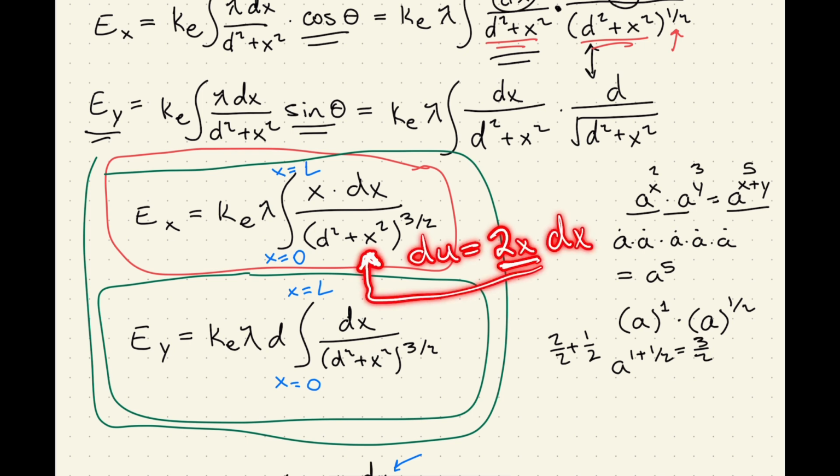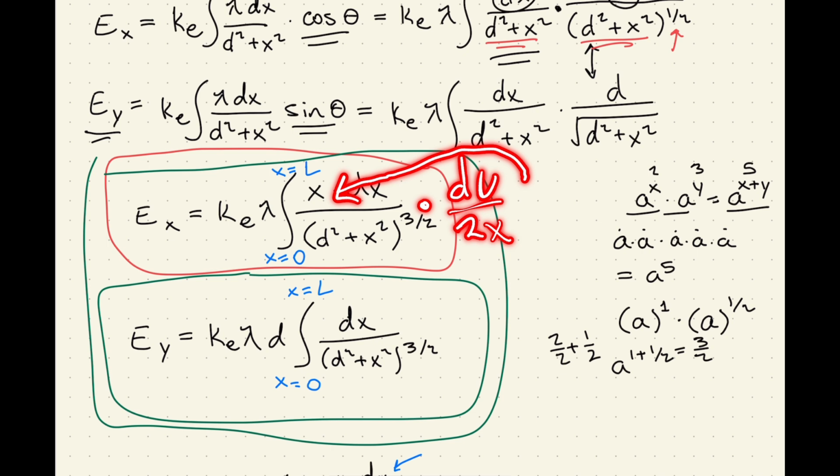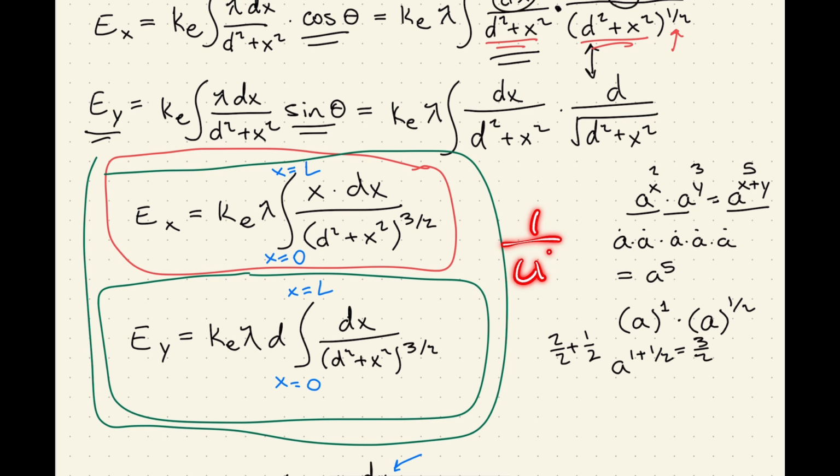And this 2x, once you move it to the du side, it gives me 1 over 2x. And when we multiply this whole thing by 1 over 2x, when we replace the du for the dx, it cancels out with this x here. So this x and this x cancel. And then we just have something like this, u to the du. So this integral is actually very easy to solve, and this is why u sub works sometimes. In this case, it did not work.